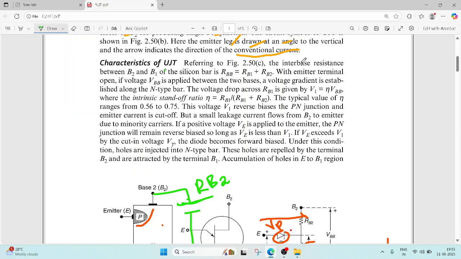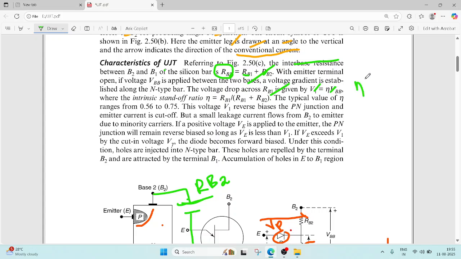Characteristics. Listen here: interbase resistances are RB1 and RB2, and the total interbase resistance is RBB. Since it has two bases, it is called a double base diode. The voltage drop across RB1 is V1, and V1 is equal to eta times VBB. What is eta?